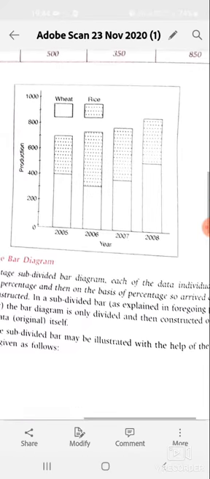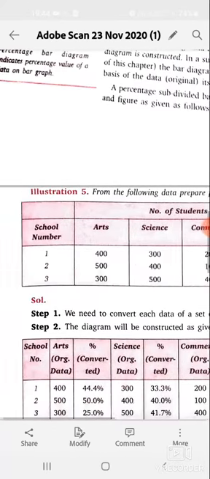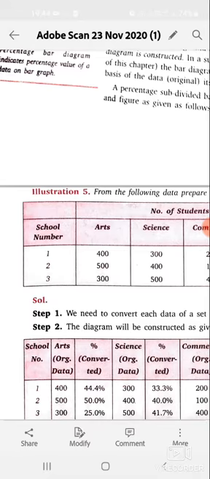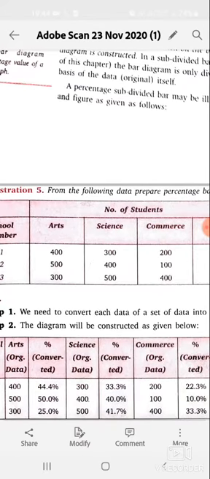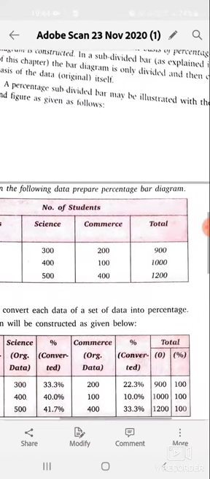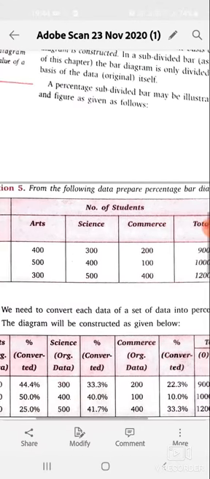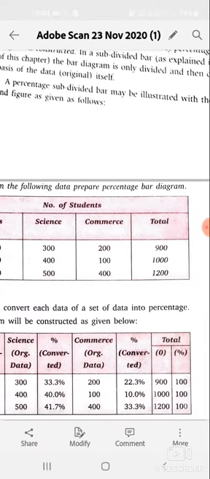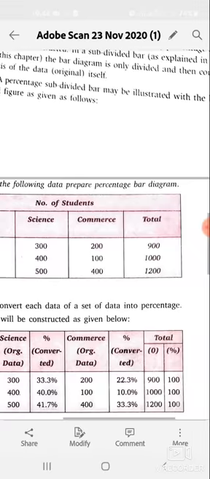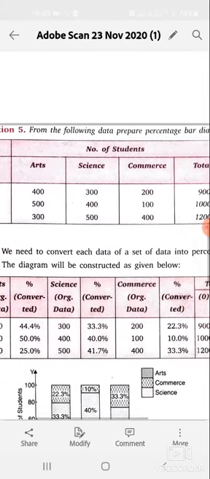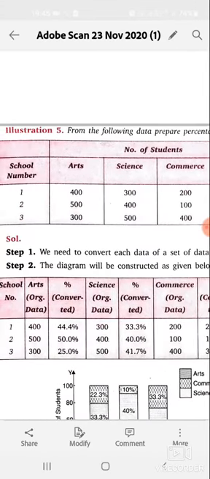Now the percentage diagram. Here you will find three schools and three streams: art, science and commerce. Now the total is 900 students in school 1, 1000 in school 2, 1200 students all together in school 3. First of all we will convert each and every student number into percentage.